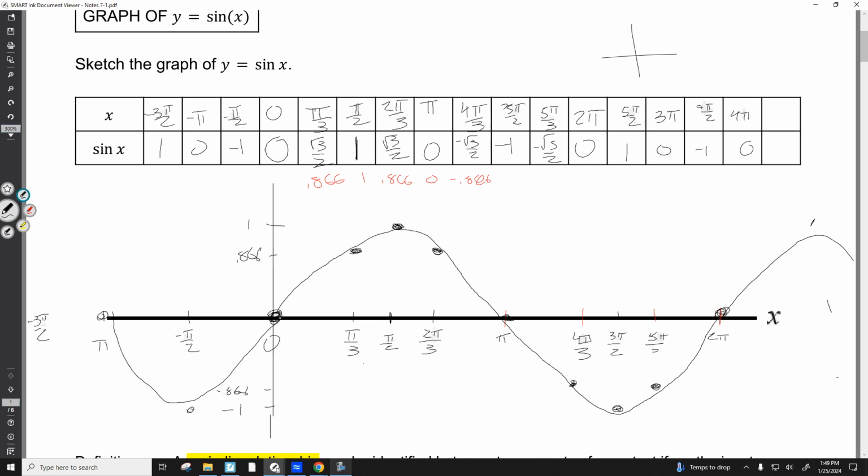Plug in bigger x's. You're not going to get bigger y's. You are going to get repeated y's because of your understanding of what it means to be coterminal.